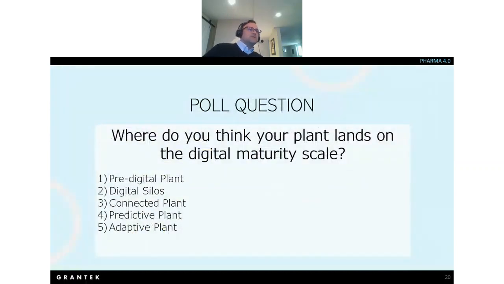Okay, so now we have our second poll question. The question is, where do you think your plant lands on the digital maturity scale? Are you a pre-digital plant? Do you have digital silos? Are you connected? Are you predictive, or are you adaptive? Okay, go ahead and vote now.